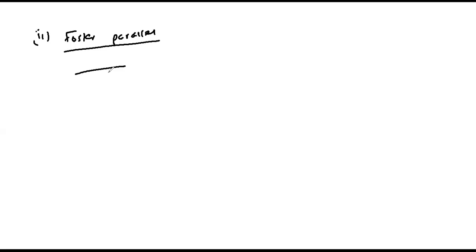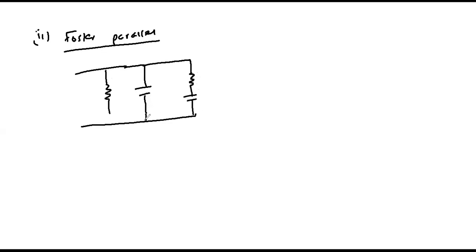So we can have a network that has a resistor, a capacitor, and then a series resistor capacitor combination, but in parallel with the entire network. This is our arrangement, and that will be the implementation of the Foster parallel network.